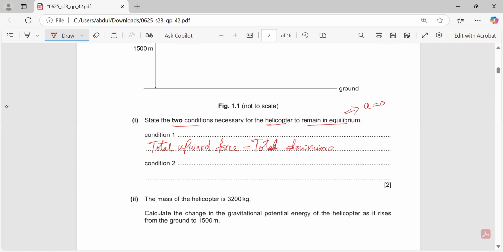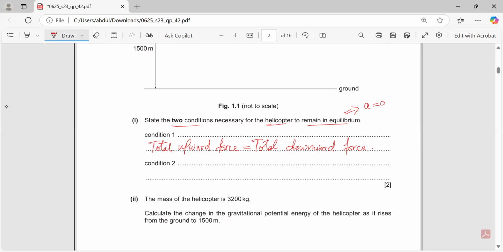Force is a vector quantity, so if total upward force is equal to total downward force, the resultant force of these two will be equal to 0. Either you can write resultant force equal to 0, but I have written this one intentionally because in most of the numerical problems, whether we are solving paper 2 or paper 6, we get a lot of help by using this way of representing resultant force equal to 0.